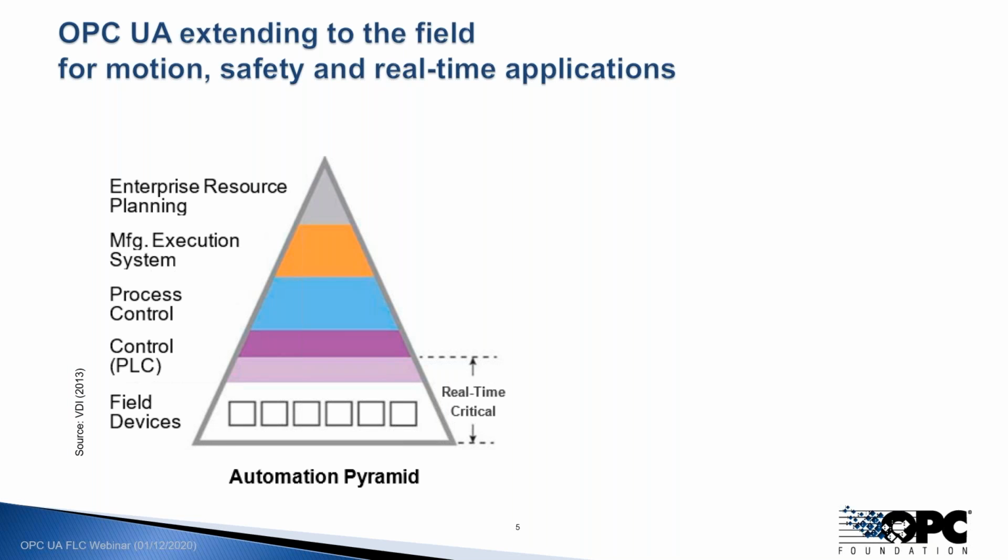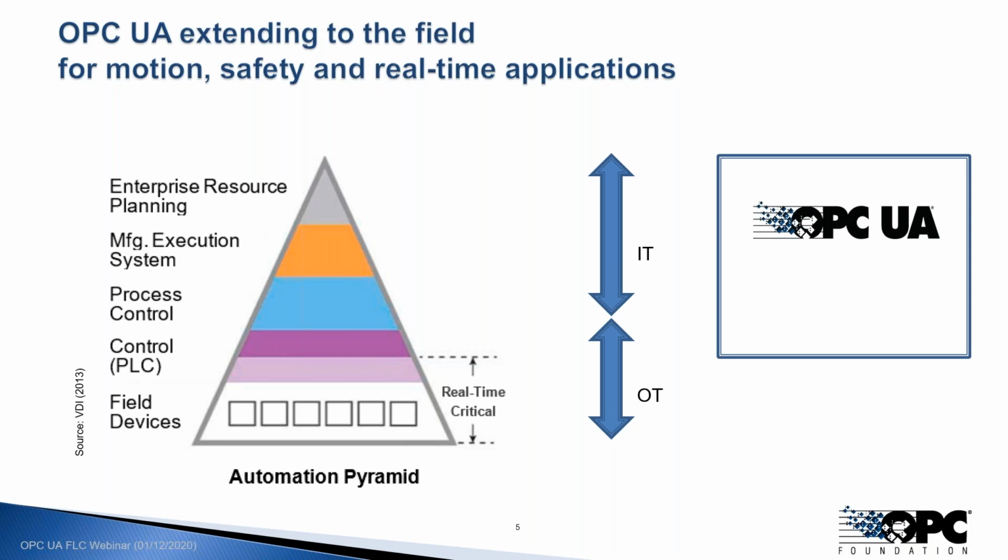Now, if we look at the traditional automation pyramid that you are all aware of, having the different layers from field up to cloud, it is clear that if we look at IT, OT, there is still the separation, and OPC today is actually linking IT, OT at least up to the control level.